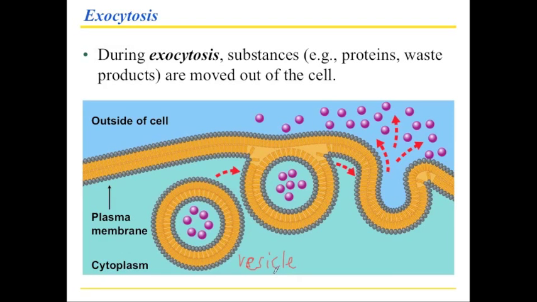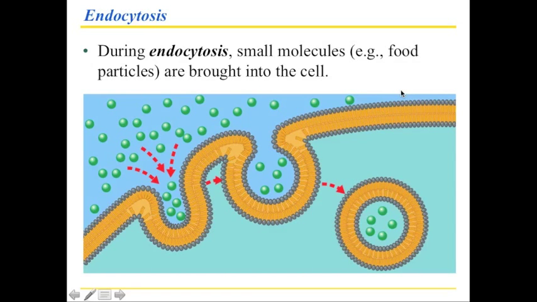And then they transport things from the Golgi apparatus to the outside of the cell. And as you can see here, they have a phospholipid bilayer, and they simply merge into the plasma membrane. They merge just like we saw with the ping pong balls in the baby pool. That's how they merge in, and then once they're merged in, they can release the waste products that need to be released.